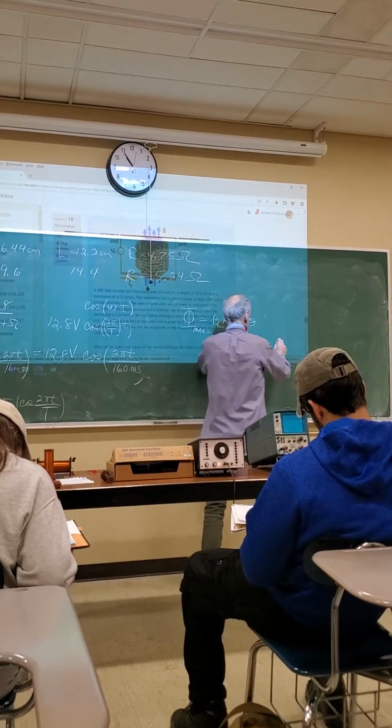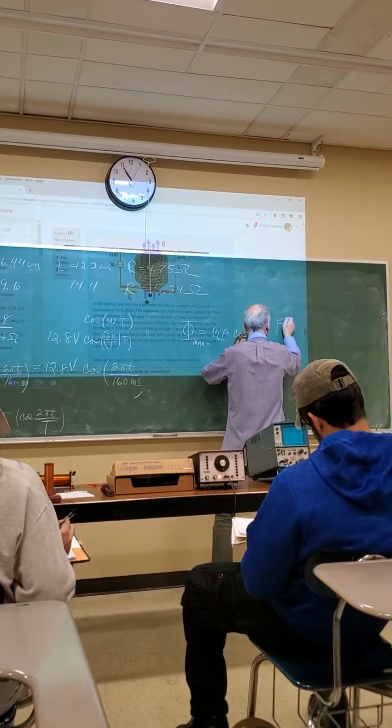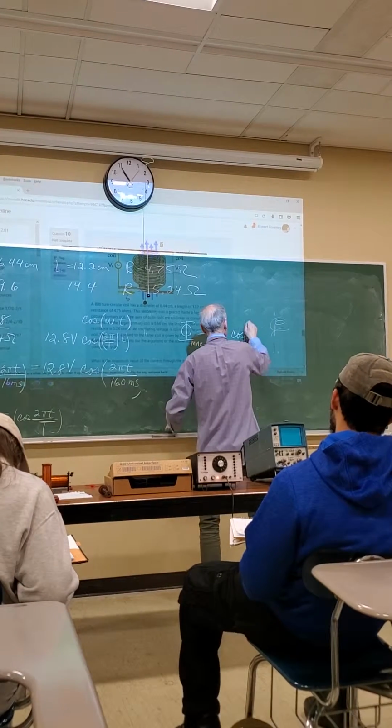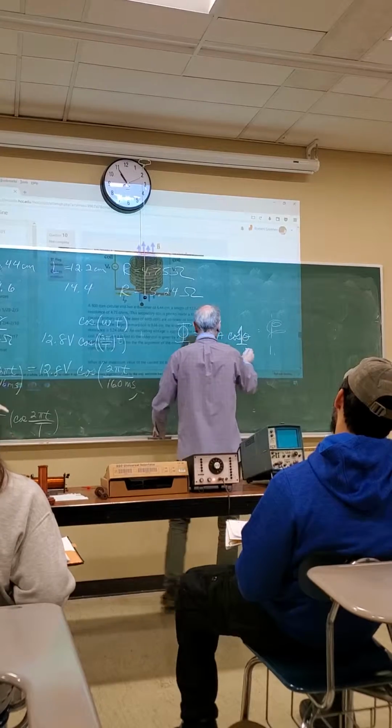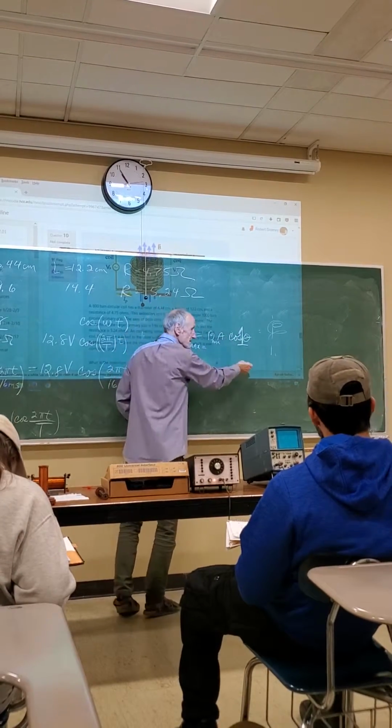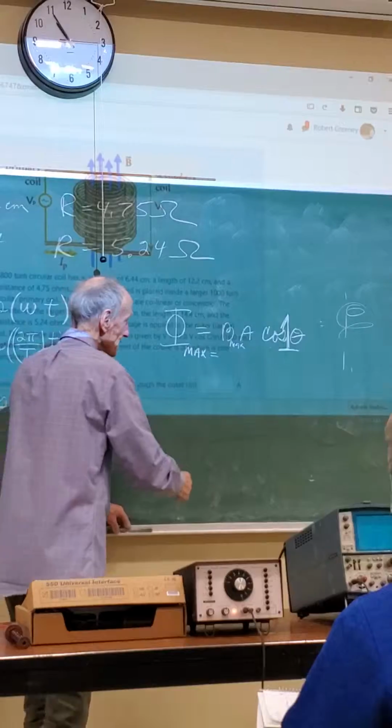The coils are lined up, so the cosine of theta is 1. You say, well, couldn't it be 1 or -1? As this oscillates, it will automatically switch.